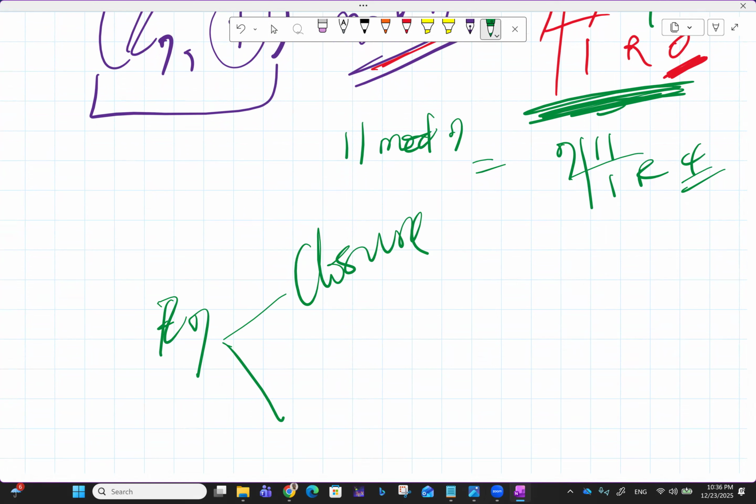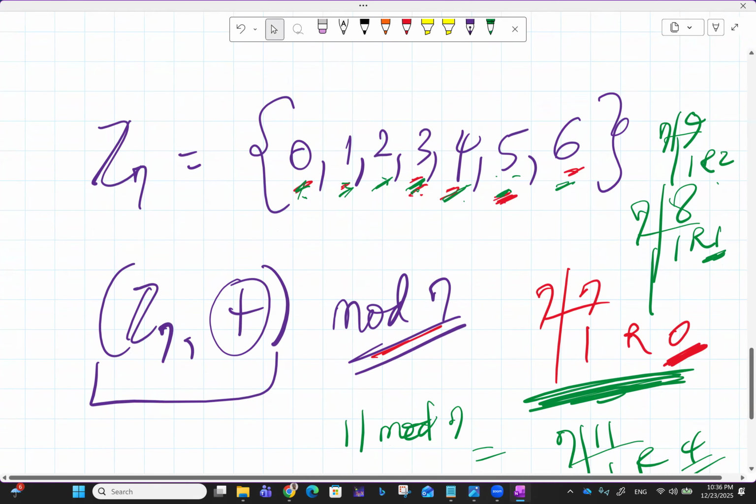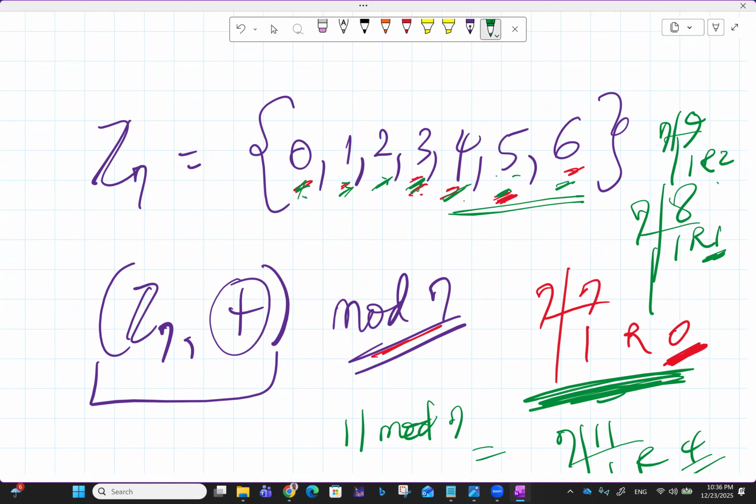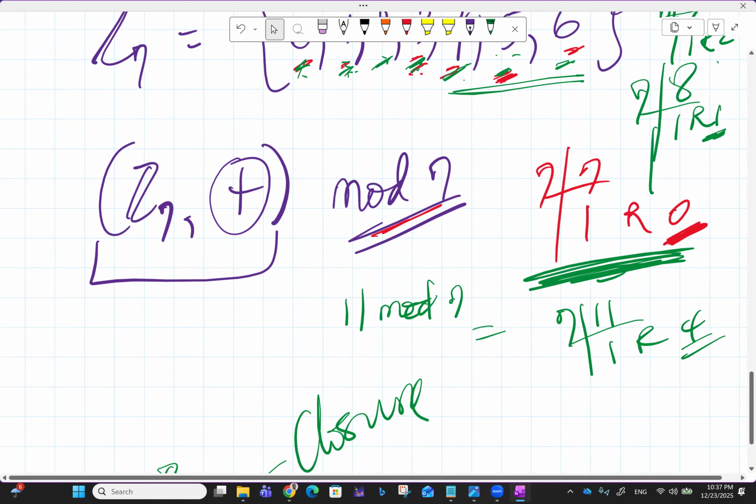And for associativity, if you pick any three numbers, let's even pick the big three. 4 plus 5 is 9. 9 plus 6 is 15. 15 divided by 7, that's 1 remainder 1. So you still have that 1 here. So it is also associative.